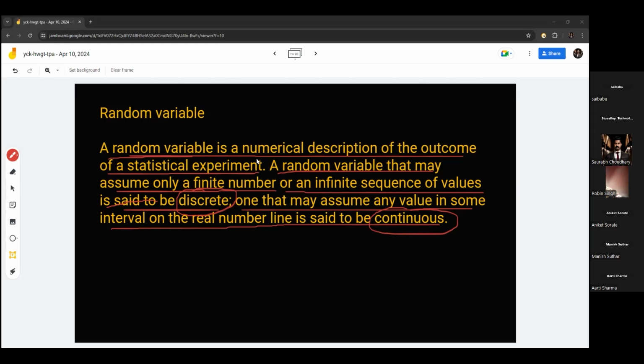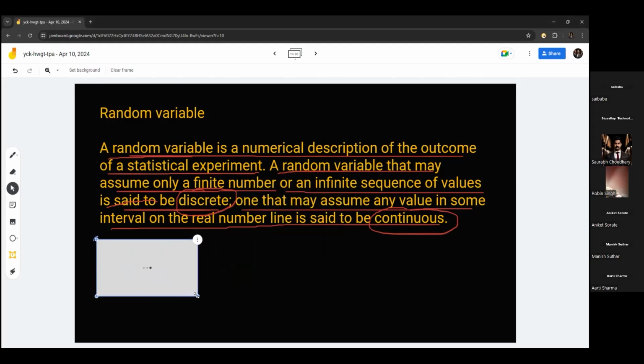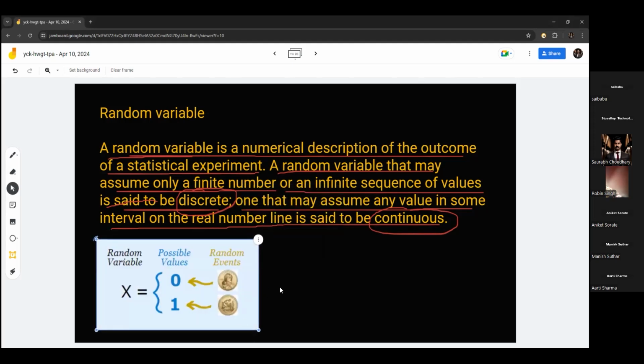See, if we are performing some kind of experiment, then we can have some variables, random variables. For example, if we are performing the toss, right? It could be head, it could be tail. That is a particular random event. A possible value could be 0 or 1. 1 for head, 0 for tail.